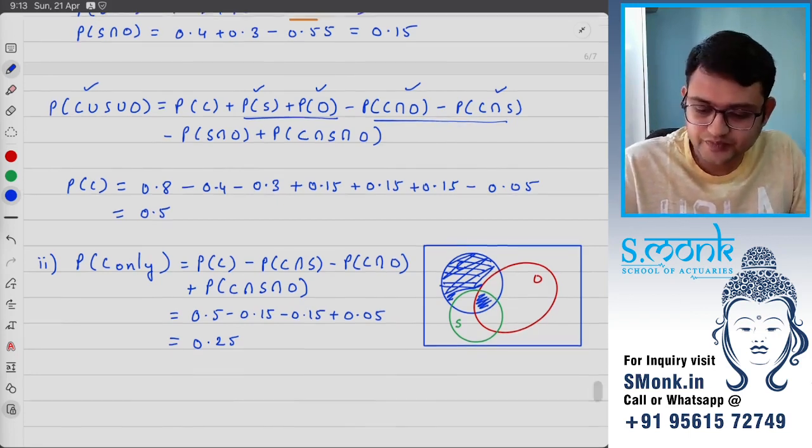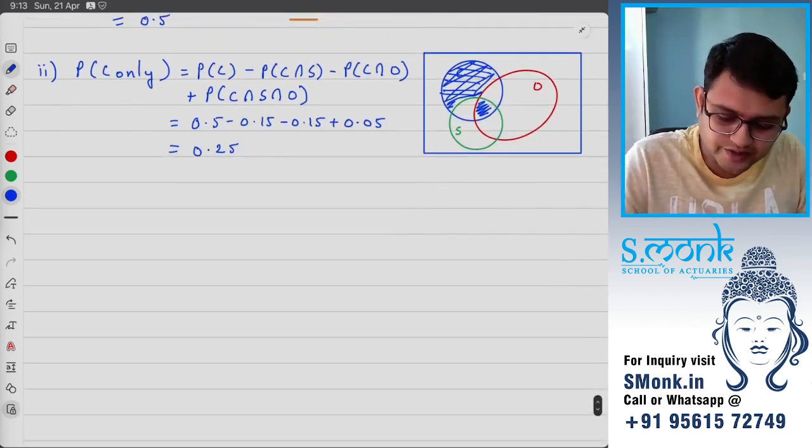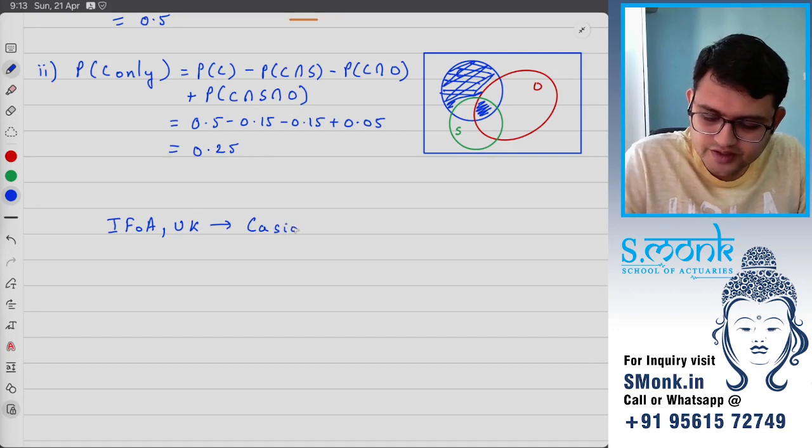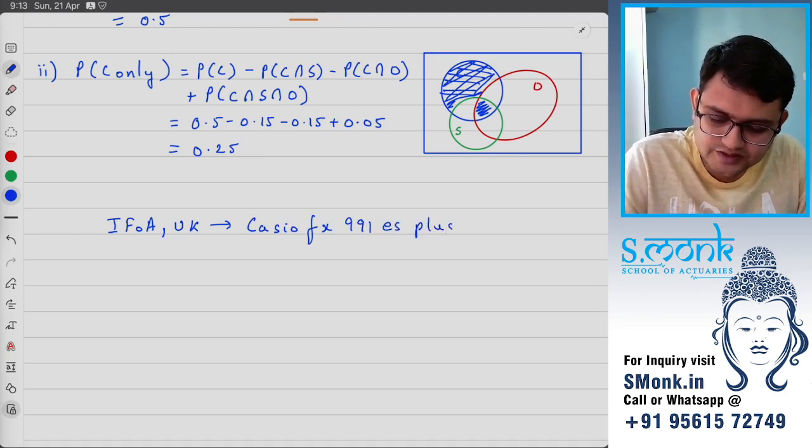Now, I'll talk about the calculator a little bit. If you're giving the examination from IFOA, that is the UK Institute, then the calculator that is recommended is Casio FX 991 ES Plus.